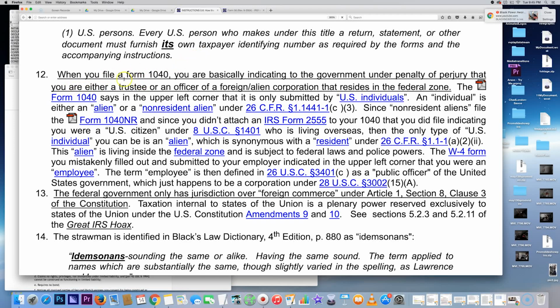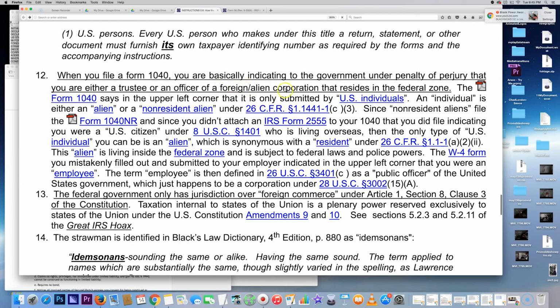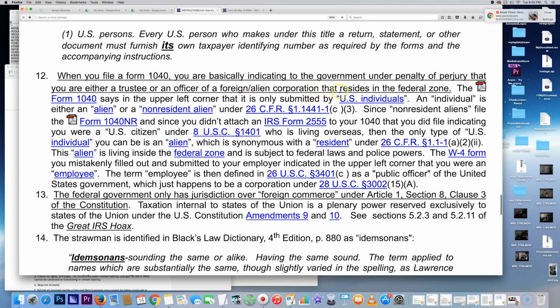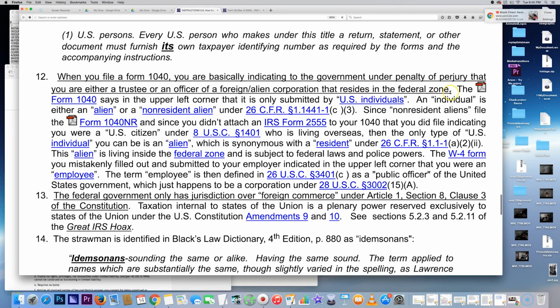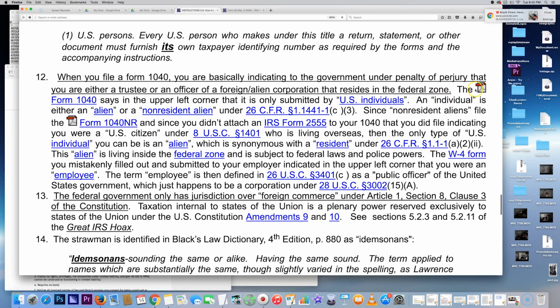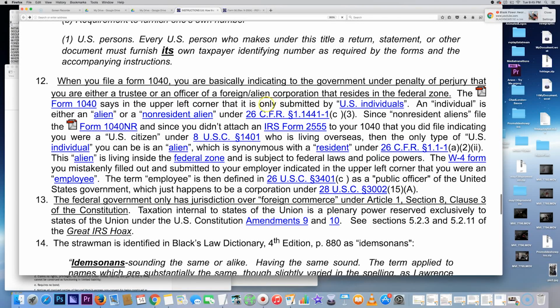1040. When you file a Form 1040, you are basically indicating to the government under penalty of perjury that you are either a trustee or an officer of a foreign/alien corporation that resides in a federal zone. The Form 1040 says in the upper left corner that it is only submitted by U.S. individuals.